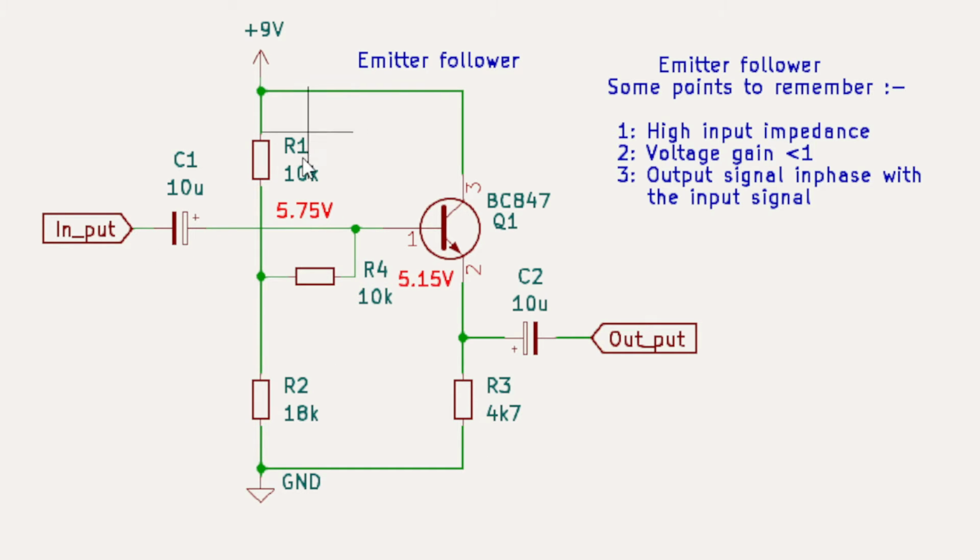So what we're effectively doing now, we're still going to provide 5.75 volts to the base, but we've given the biasing chain some impedance, and that allows us to play with this point. So the next step is we need a capacitor.